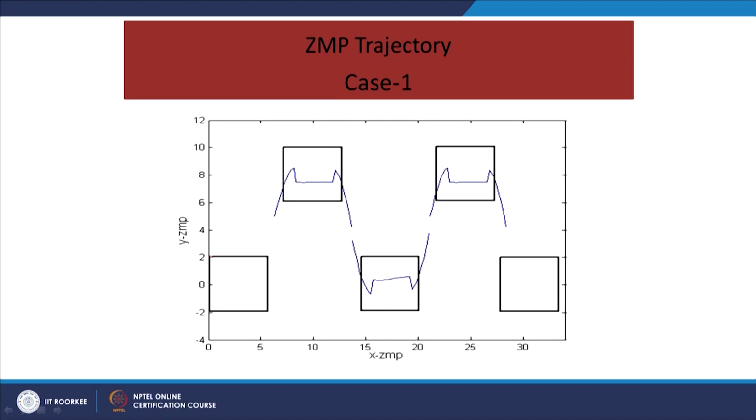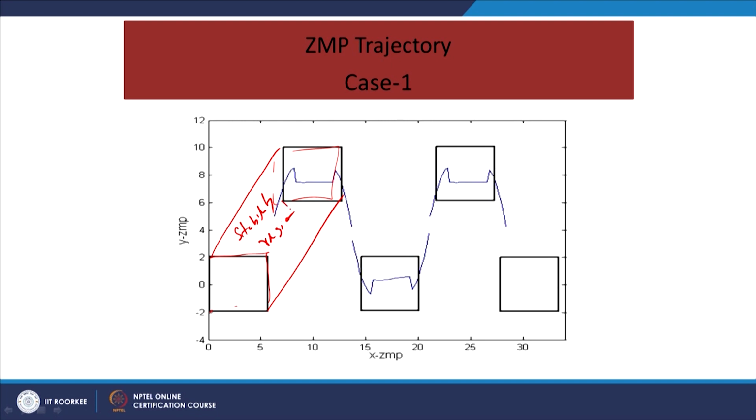We can see that this is the foot of the swing leg, and this is the foot of the stable leg, and this region is the stability region. If the zero moment point lies anywhere in this region, then it is guaranteed that the robot will not fall down.